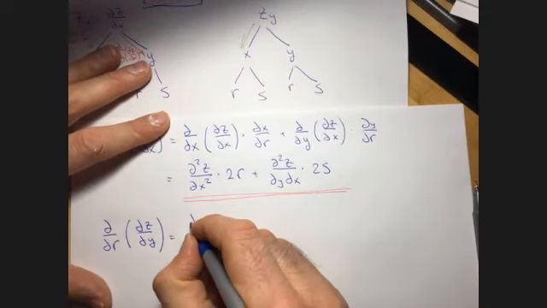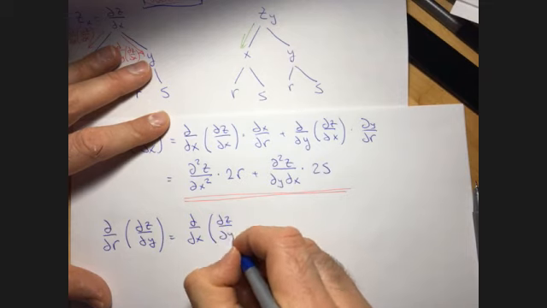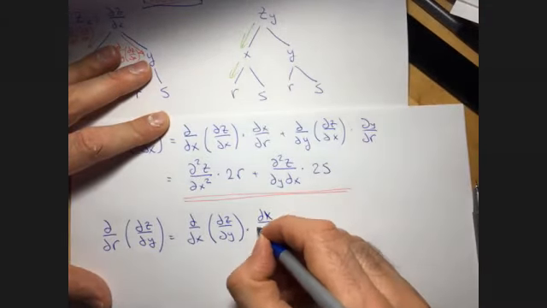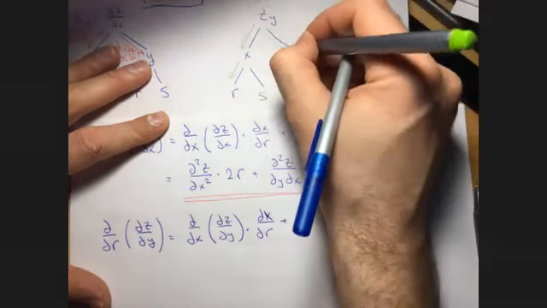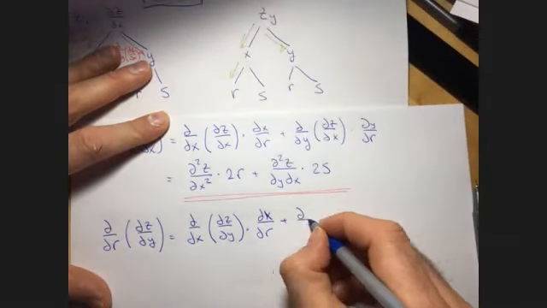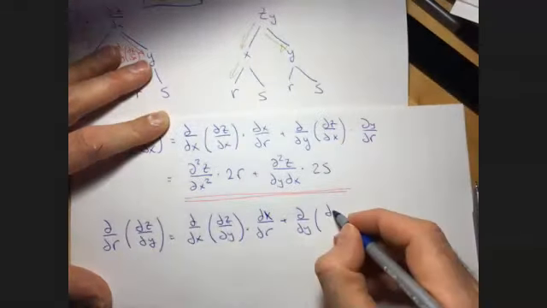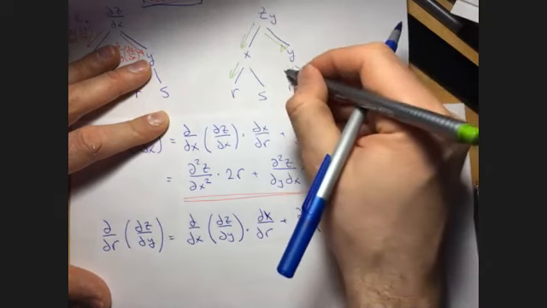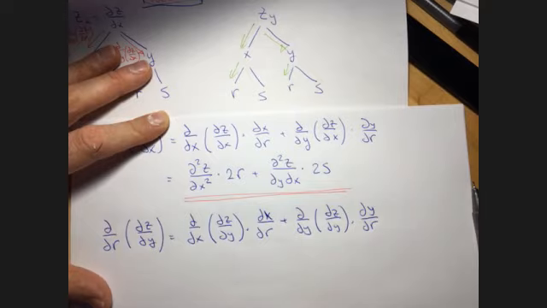So that's partial x of partial z partial y times partial x partial r, plus partial y of partial z partial y times partial y partial r.